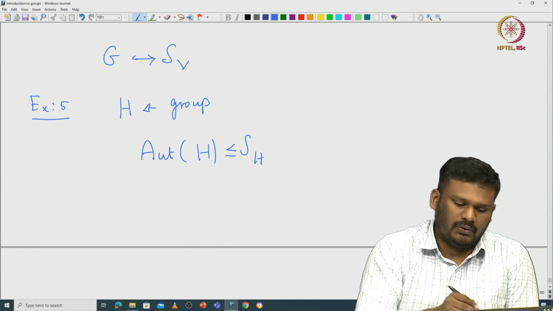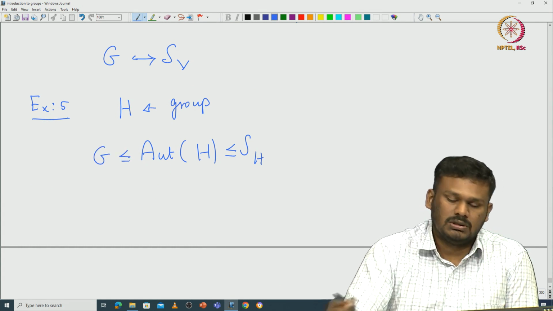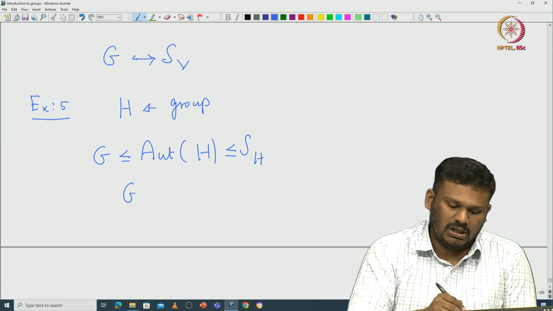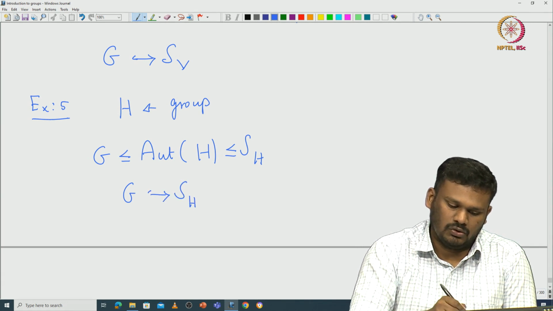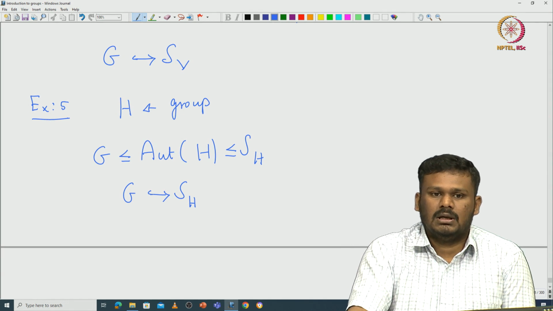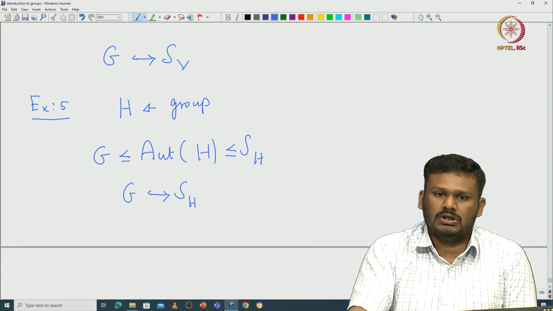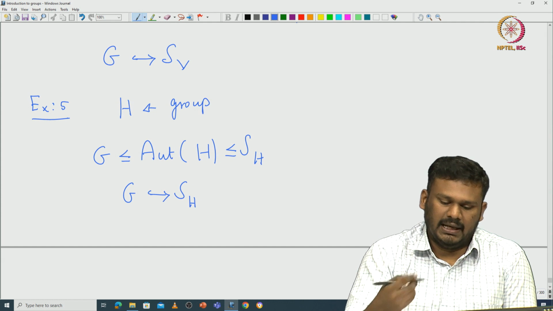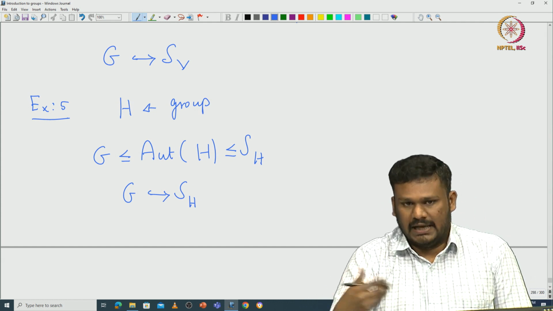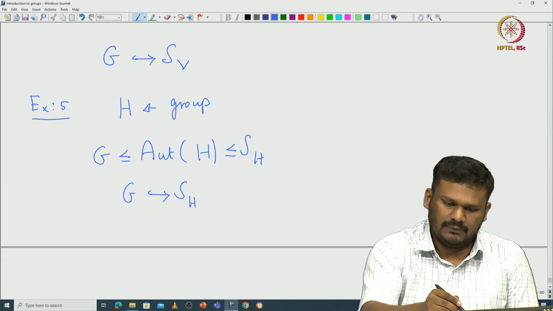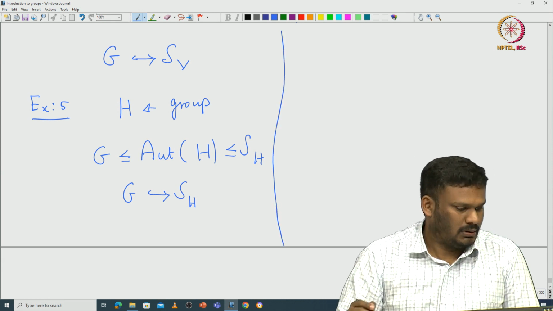Now if you take any subgroup G of this automorphism group of H, then naturally this G also acts on this H via this inclusion, because G sitting inside SH is going to give you a group homomorphism from G to SH. So, one can take some subgroup of the automorphism group of H, and it naturally acts on H. All these actions are very interesting, and they are very useful.